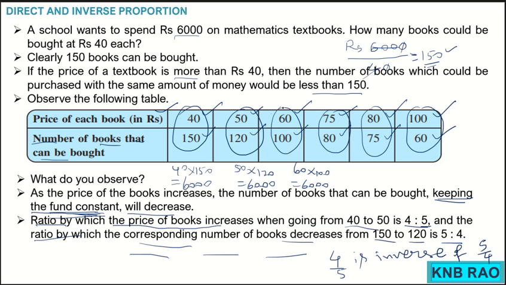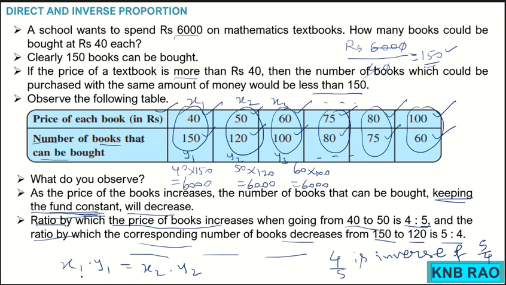For example, if I take the cost of each book as x1, x2, x3 and so on, and the corresponding number of books purchased as y1, y2, y3 and so on, then x1 into y1 is equal to x2 into y2.